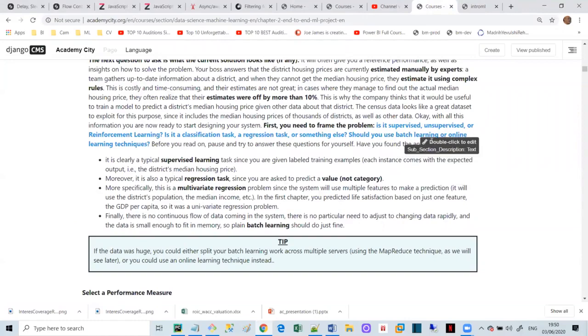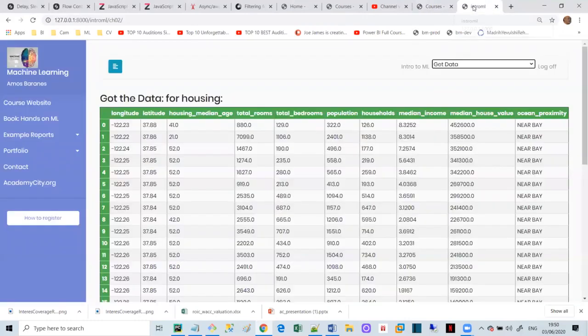Now, is it a supervised study or an unsupervised study? By the way, what am I trying to predict? I'm writing a model that tells me the median house value. So this is in fact the column that I already collected data for. This is a sample of data that shows me each district.